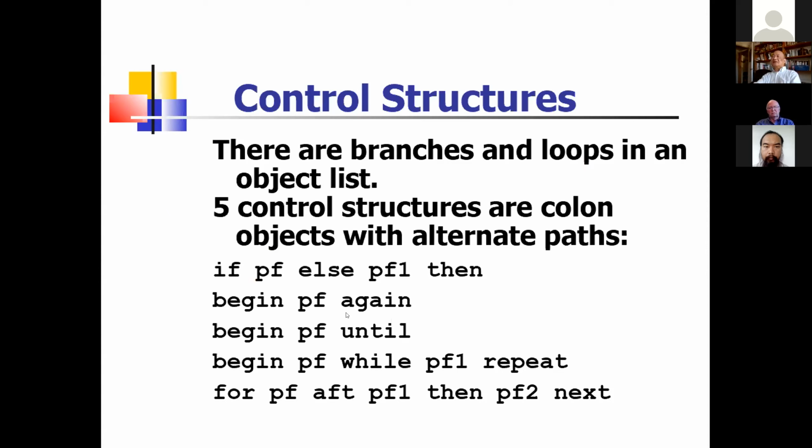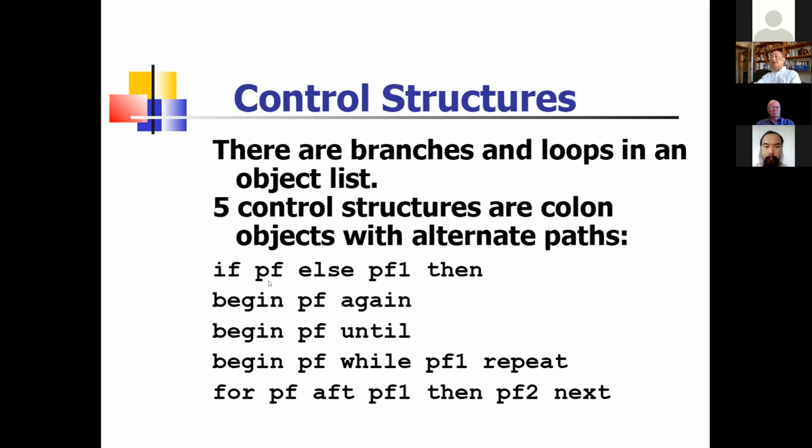Okay, so in the eForth system, we only have these 5 different control structures. So we only have to implement each and every one of them as objects. Here we have a branch object created by if, the begin would create a loop object, and for would create a cycles object.